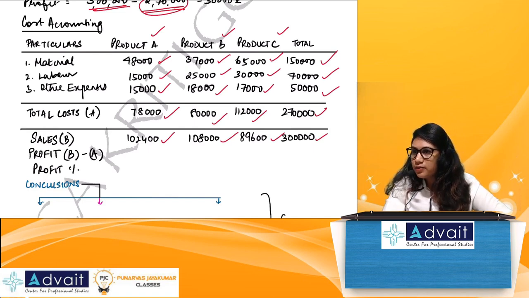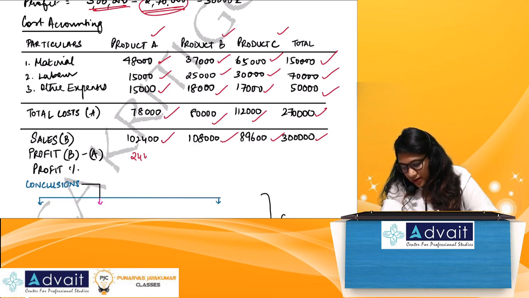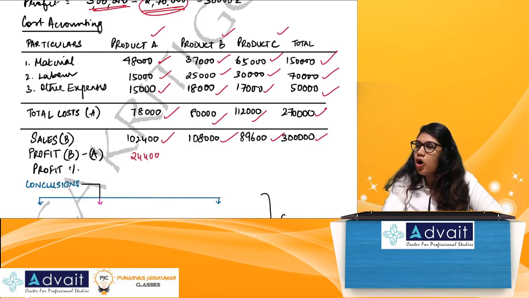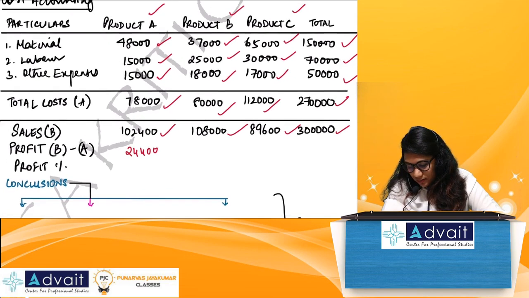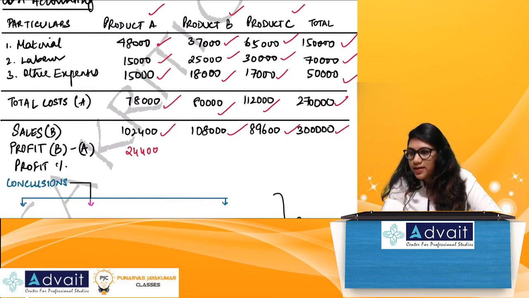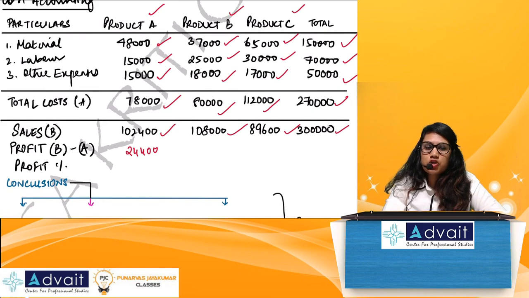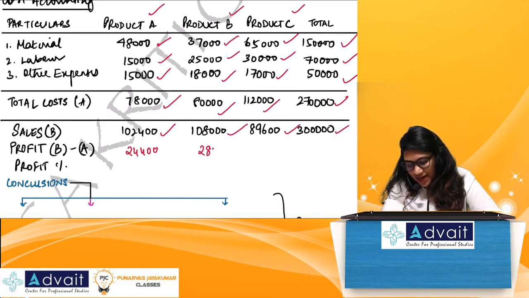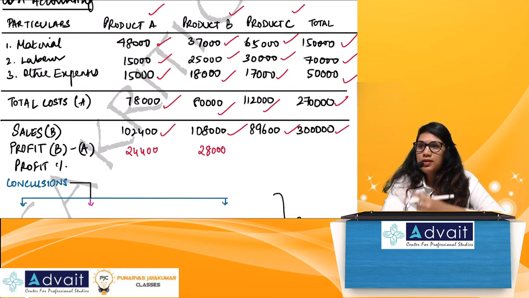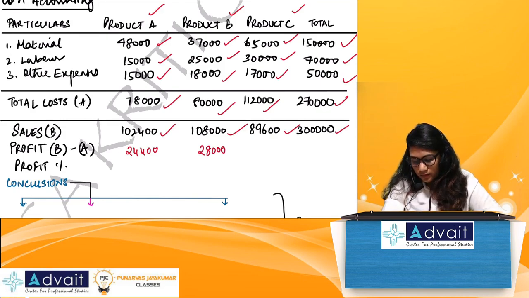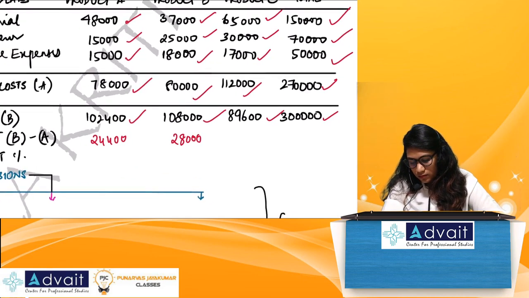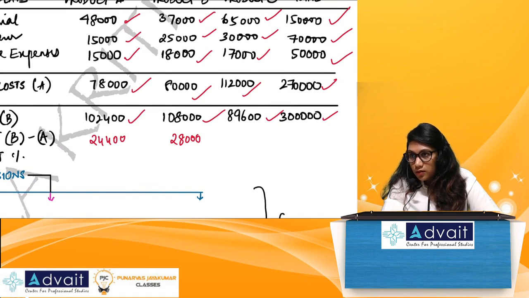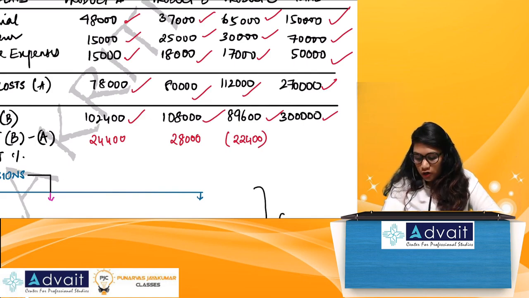How much do you get? 24,400. Second one? 1,08,000 minus 80,000. How much? 28,000. Then third one? Minus 22,400. Total profit will still be 30,000.